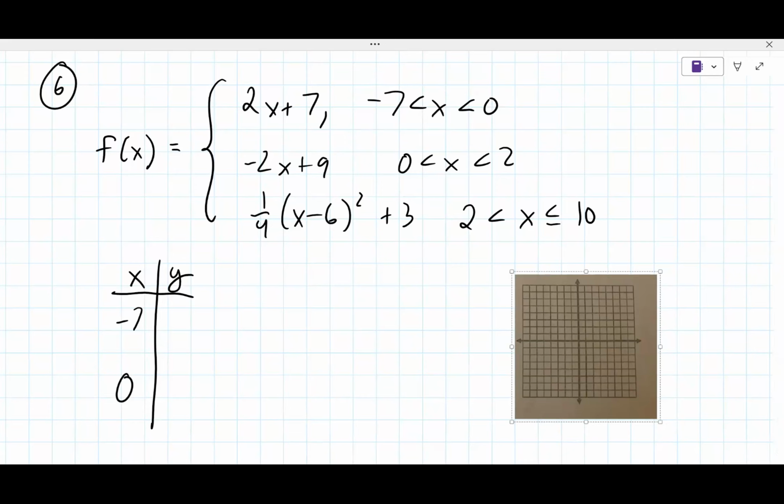It has nothing to do with the sign. It has to do with the inequality. It has nothing to do with whether the number's positive or negative. It's just whether it's a less than or a less than or equal to. So yes, they're both open.